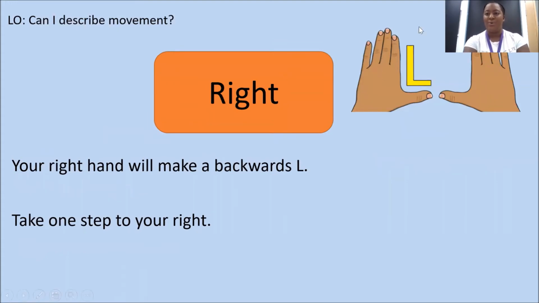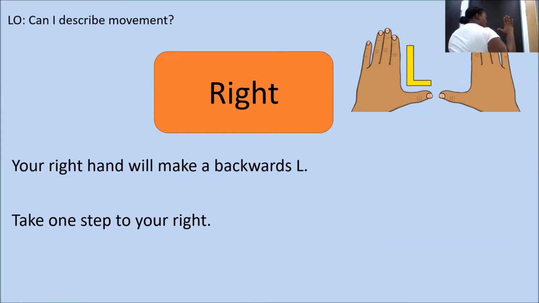Okay, now we're going to look at taking a step to our right. Sometimes we might need to move to the right. So if I turn around again, you can see that it doesn't make a proper L on this side.